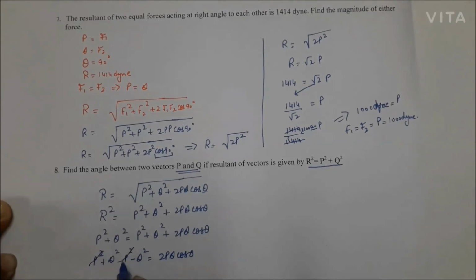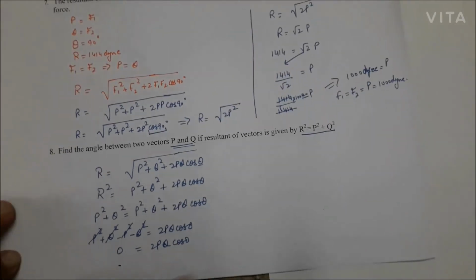Say this P square cancels out with this, Q square cancels out with this, here it comes 0, 2PQ cos theta, and this 2PQ goes in the denominator and the term becomes 0 equals cos theta.